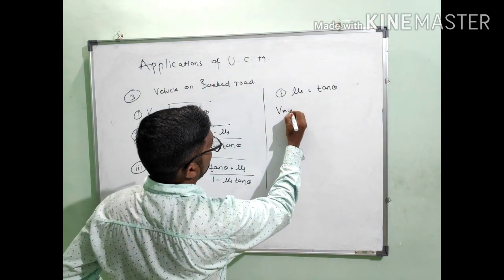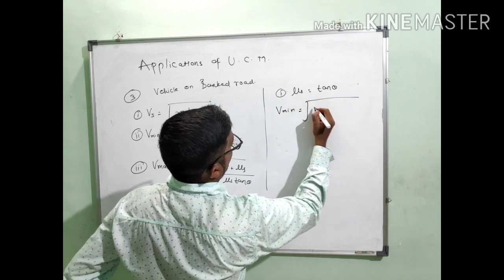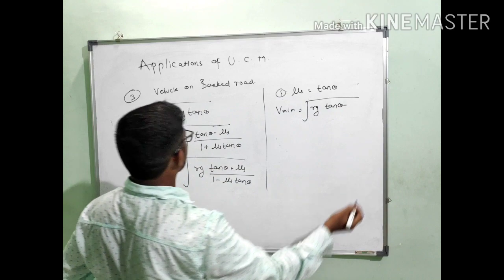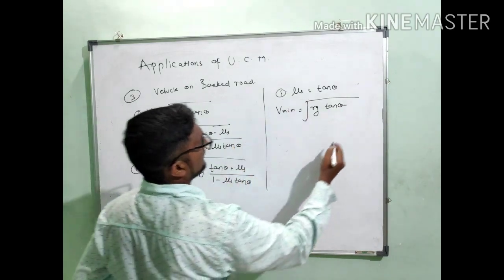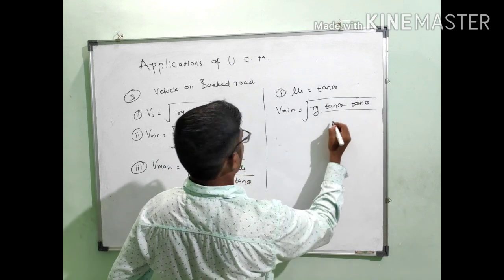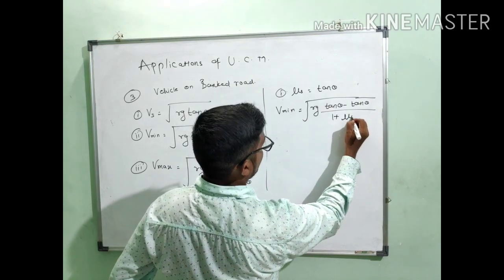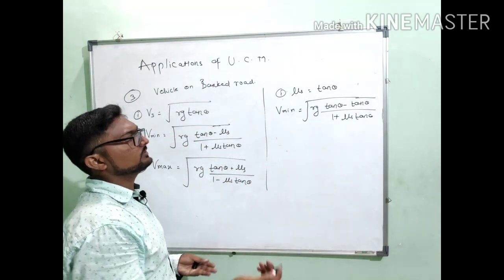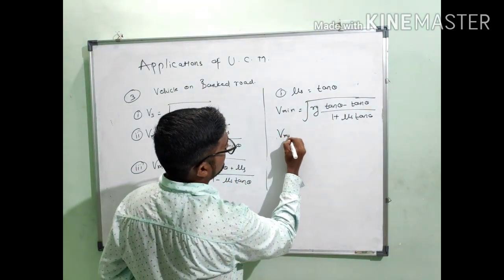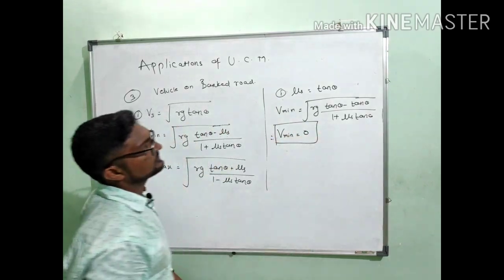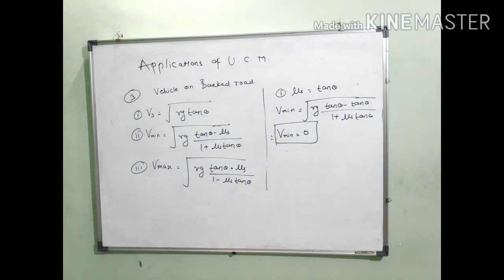V minimum is root Rg tan theta minus mu s, replaced by tan theta, upon 1 plus mu s tan theta. So tan theta minus tan theta is 0. So V minimum will be 0 in this case if mu s is equal to tan theta.